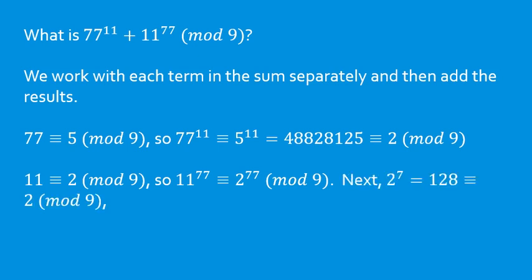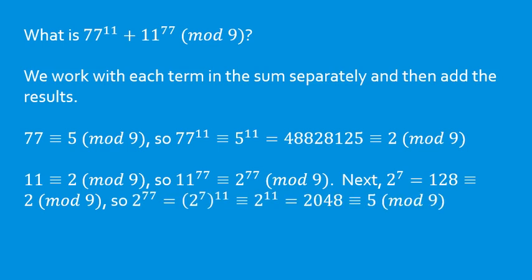So I chose to work with 2 to the 7th. That is 128. And when you take that mod 9, you get 2. So it's maybe not one of the two ideal cases of it being 0 or 1, but it's the next best thing, which is 2.